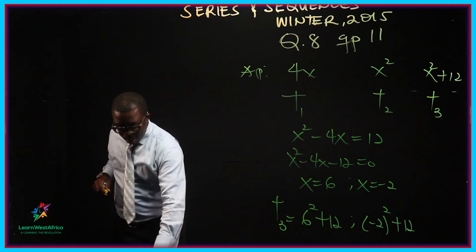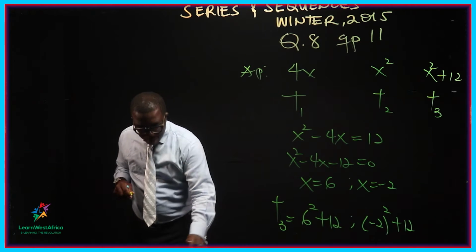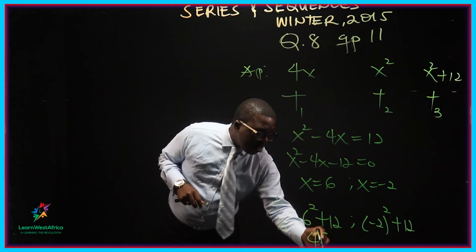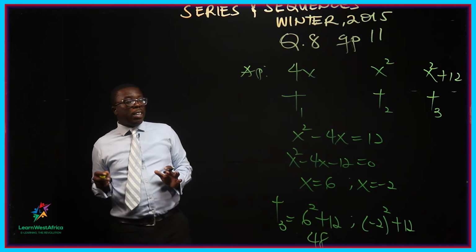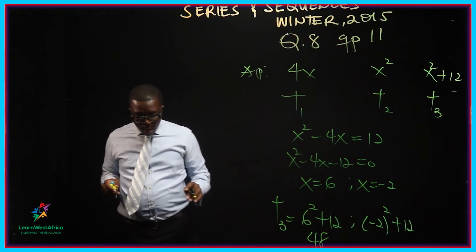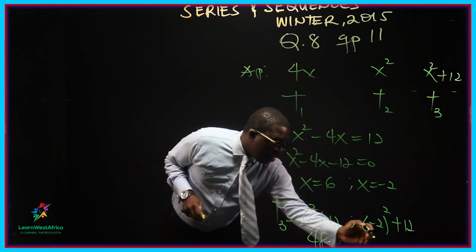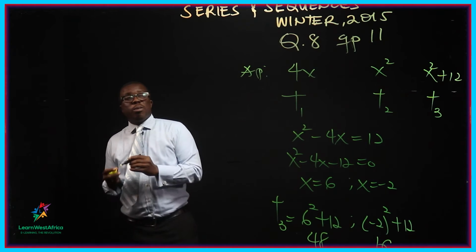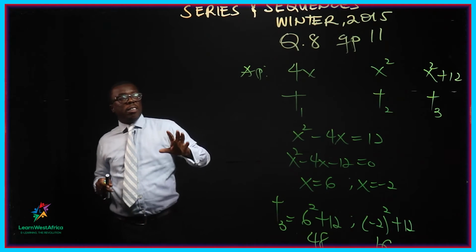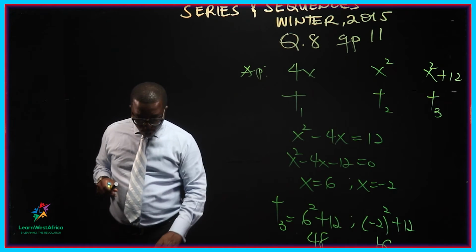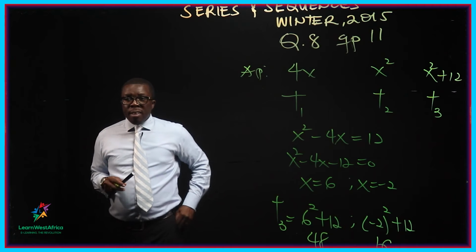I'm sure it should be easy for you to resolve that. So this should give you 48. Your third term could either be 48 in the case of x equal to 6, or 16 in the case of x equal to minus 2. And that is what the I part helps us to achieve.